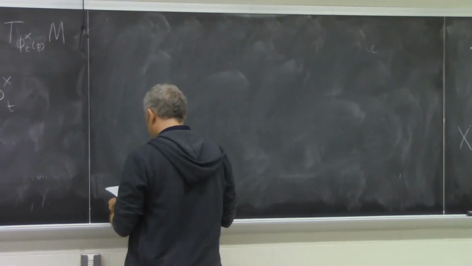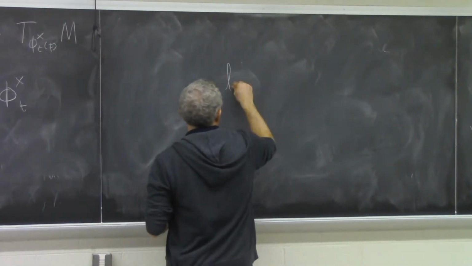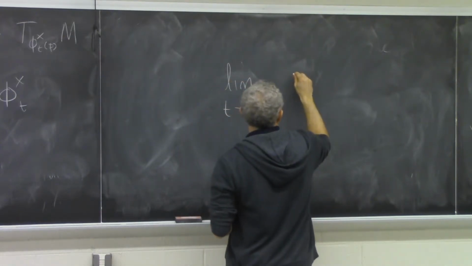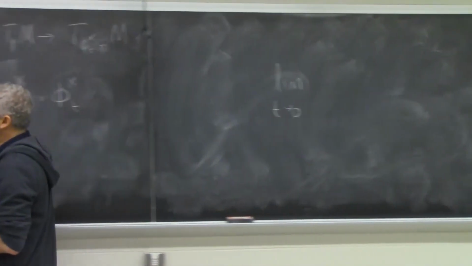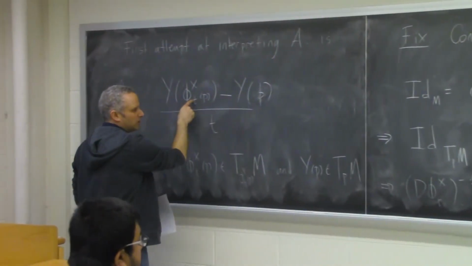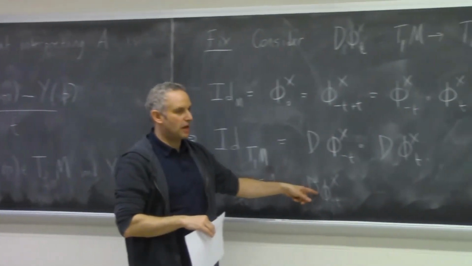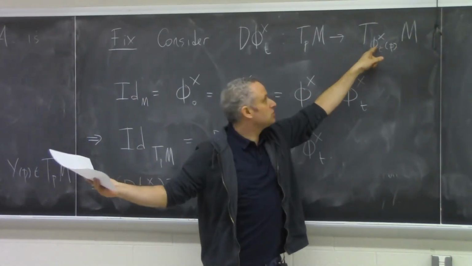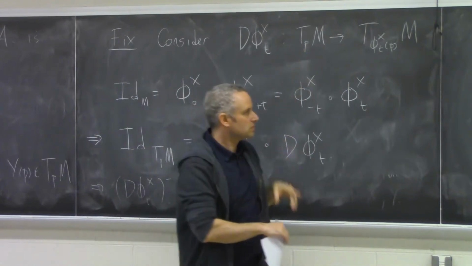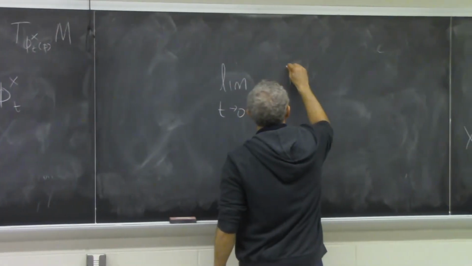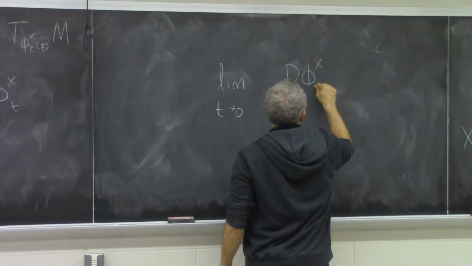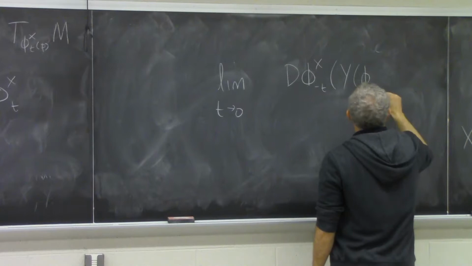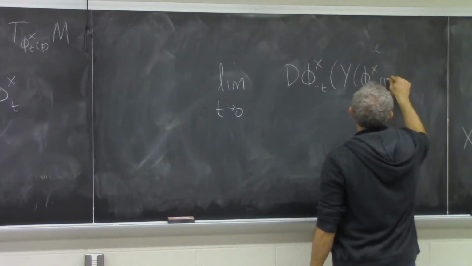We have the limit as t goes to 0. And then we're just going to move this one to the tangent space to M at p using this map, which goes from here, where that thing lives now, to here, where we want it to live. So we have d phi x minus t acting on y at phi x t of p.